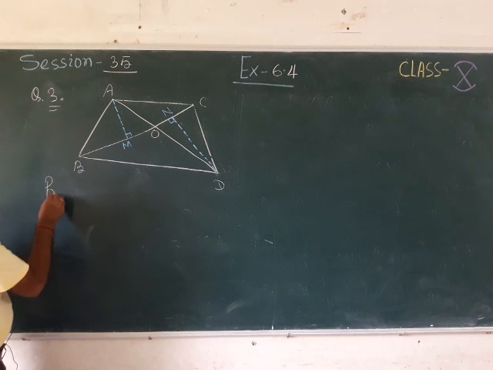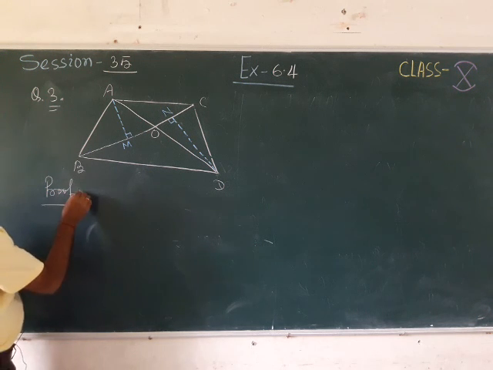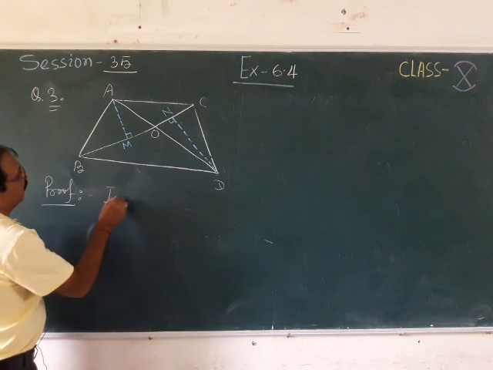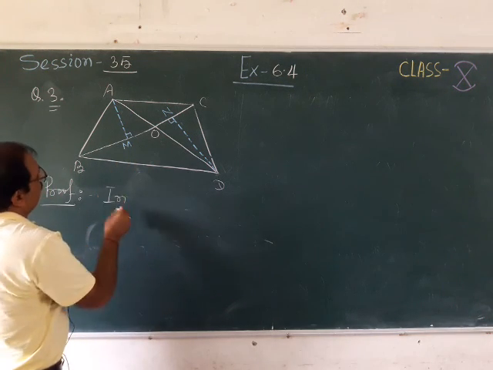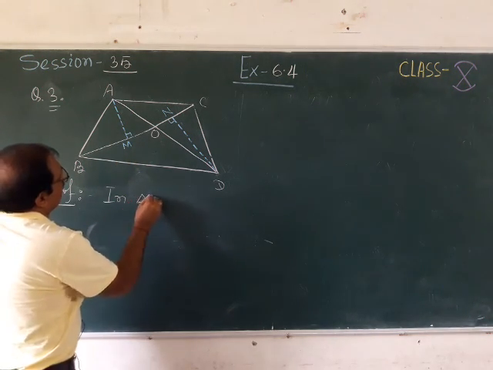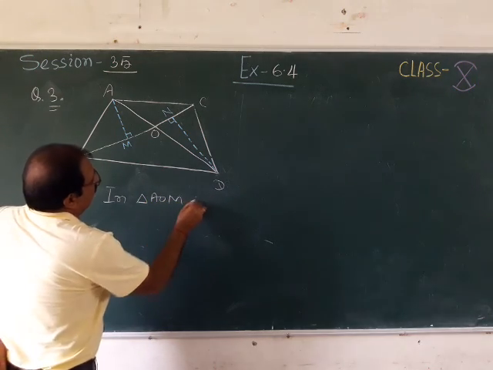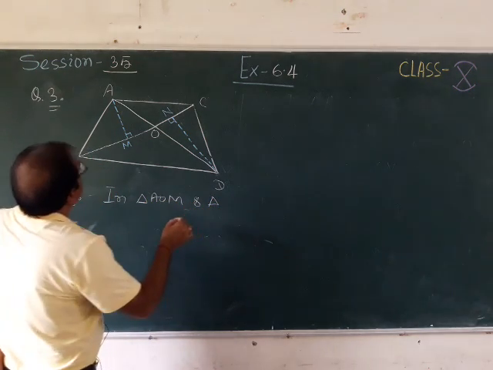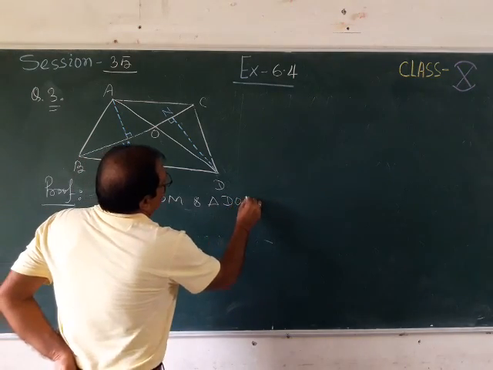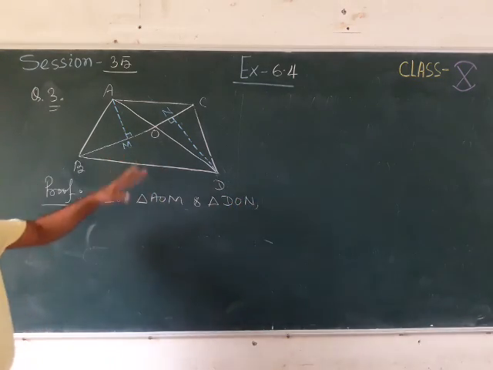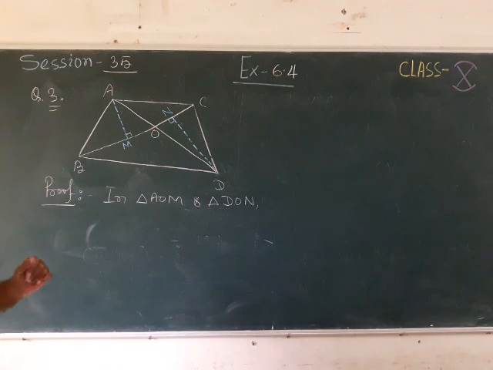When I go for the proof, I have to check these two triangles, triangle AOM and triangle DON. What can you see in both of them?